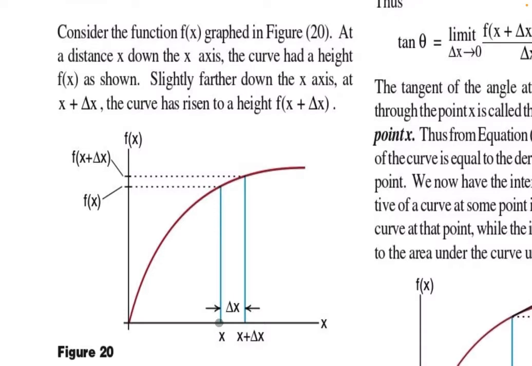This is the initial distance. Okay? And the corresponding function, f of x, ito yon. Ngayon, as it goes farther, up to here, ito yung f of x plus the change in x. Ito naman yung kanyang distance.